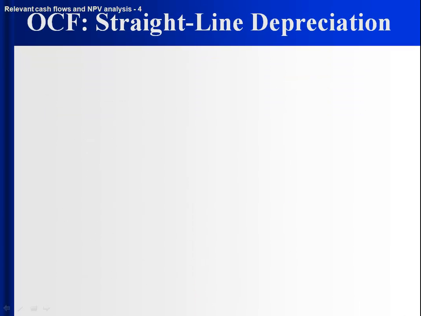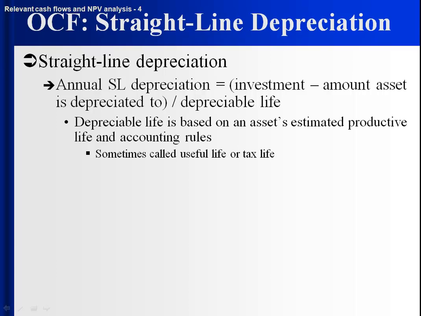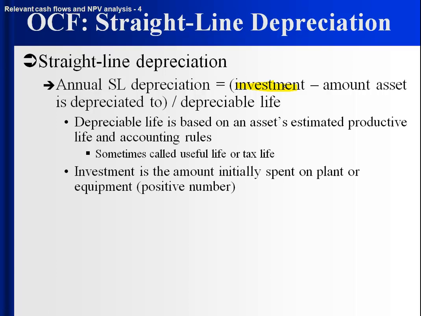So how do we compute straight line depreciation? In each year where depreciation is relevant, it's the investment, which is the amount that's initially spent on a plant or a piece of equipment or that fixed asset, and it's a positive number. So if we spend $1 million on a piece of equipment, our investment is $1 million.